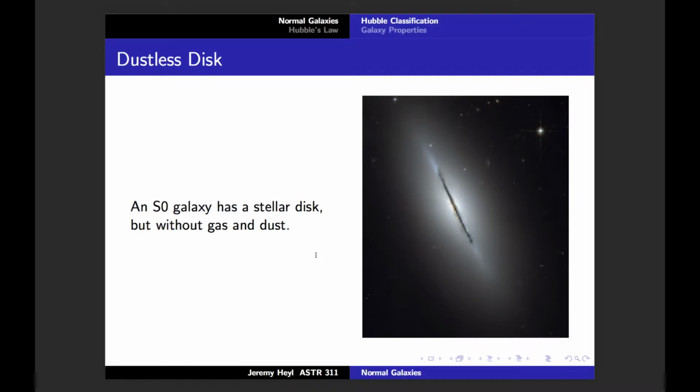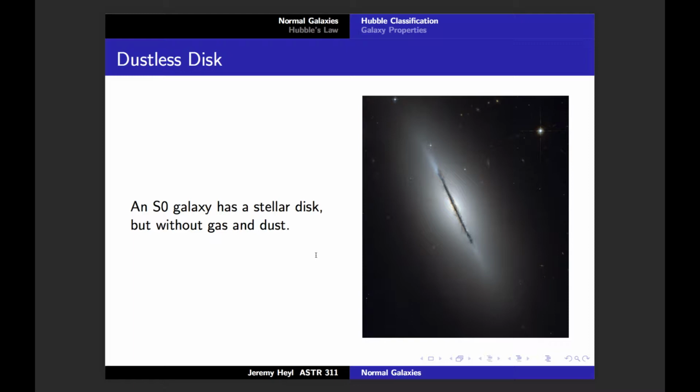And then if we think about, and this isn't the greatest example because I can see it has some dust in it, we have galaxies that are like a spiral galaxy in all except they don't have any spiral arms. And in fact, they have very little dust. Here, we're looking at this galaxy precisely edge on, so even it has a little bit of dust in it, but nothing like our galaxy.